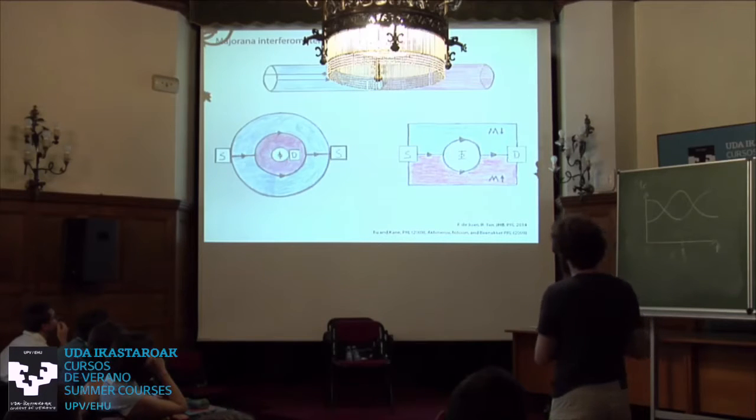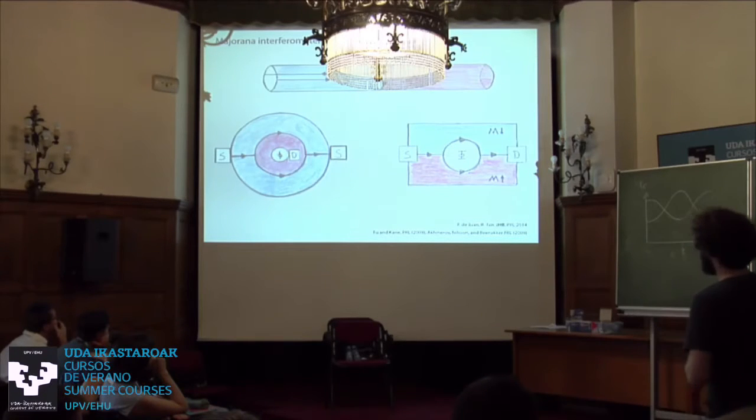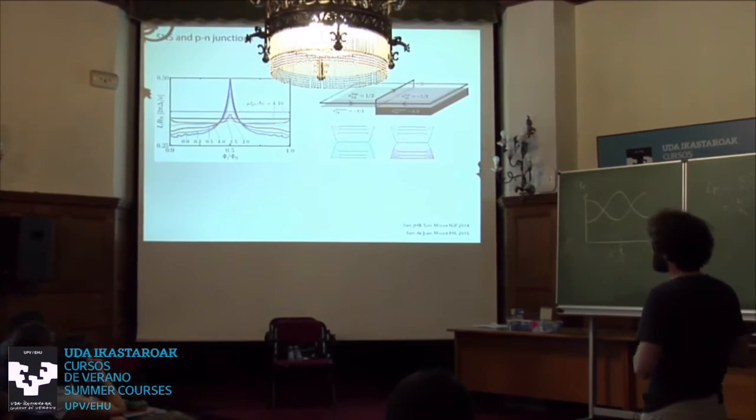The difference is that the drain is kind of in the middle and the source is outside, but otherwise it's basically the same physics. But this Majorana interferometer is basically tuned by the flux through this superconductor here. So that's pretty cool.